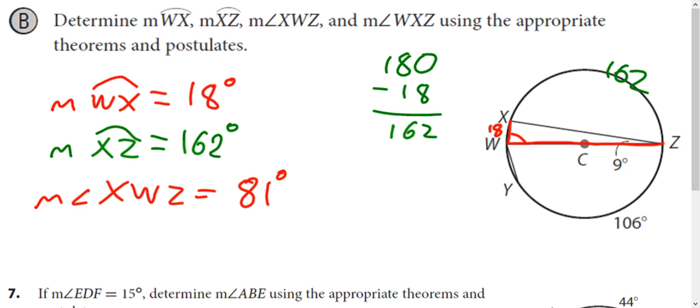And the last part, WXZ. It intersects a circle there and there, which is a semicircle, 180 degrees. So the inscribed angle is half of that. Half of 180 is 90.